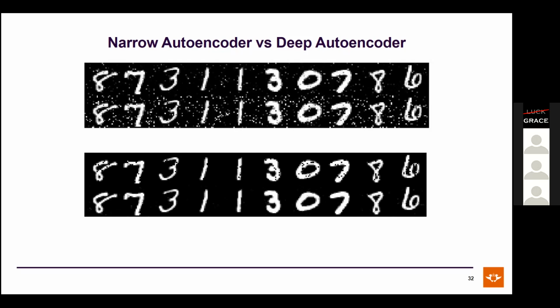The bottom row is a narrow autoencoder with genetic algorithm. Now, you'd agree with me, narrow plus genetic algorithm did not do a good job at the reconstruction.